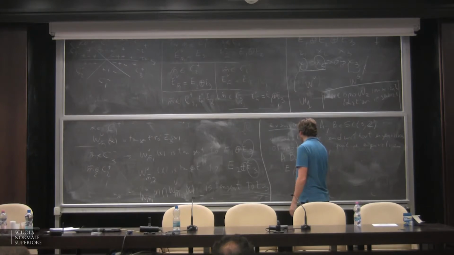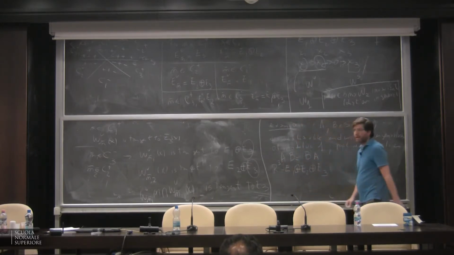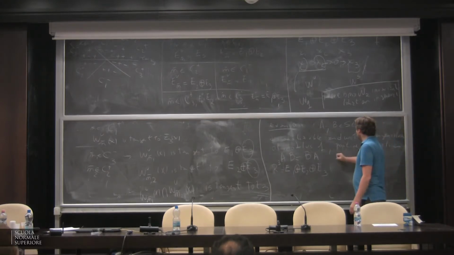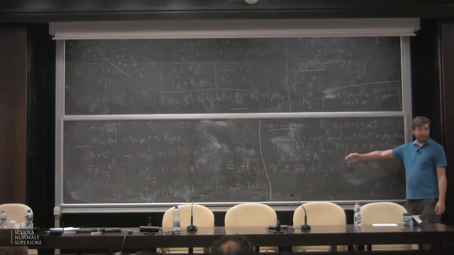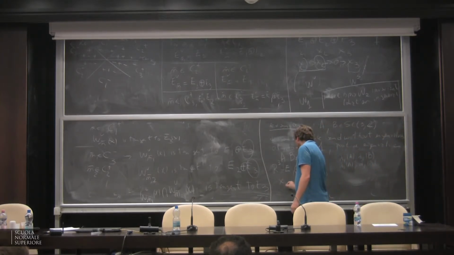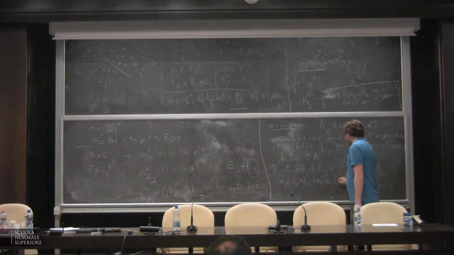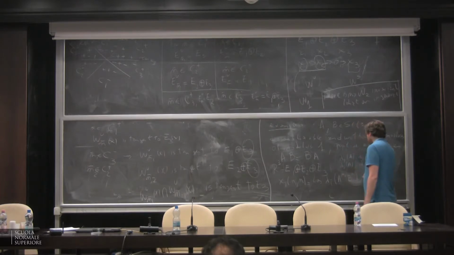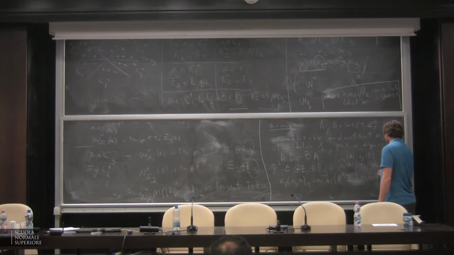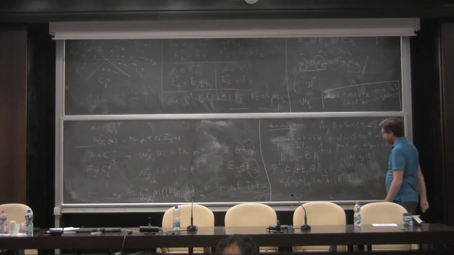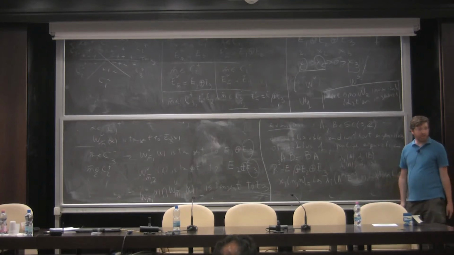So you can show you have a splitting of R3 as the sum of three eigendirections, and you have lambda 1 of A, lambda 1 of B, lambda 2 of A, lambda 2 of B, and so on, lambda 3 of A, lambda 3 of B, the eigenvalues there, and you have this chi i of (n1, n2), which is the logarithm of the lambda i of A to the n1, B to the n2, which is nothing but n1 logarithm of lambda i of A plus n2 logarithm of lambda i of B. Okay, so these are the Lyapunov exponents in this case, which is the logarithm of the corresponding eigenvalue along this eigenvector.